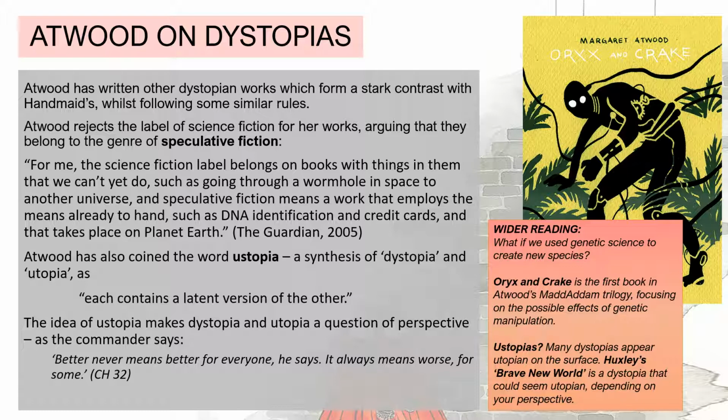She uses as a contrast the science fiction genre in which we are able to do the impossible. So I suppose by proposing this idea of speculative fiction, she's keeping her writing based on the possible and based more closely on the technologies that exist within our society, and being perhaps more believable and therefore being perhaps more fearful.